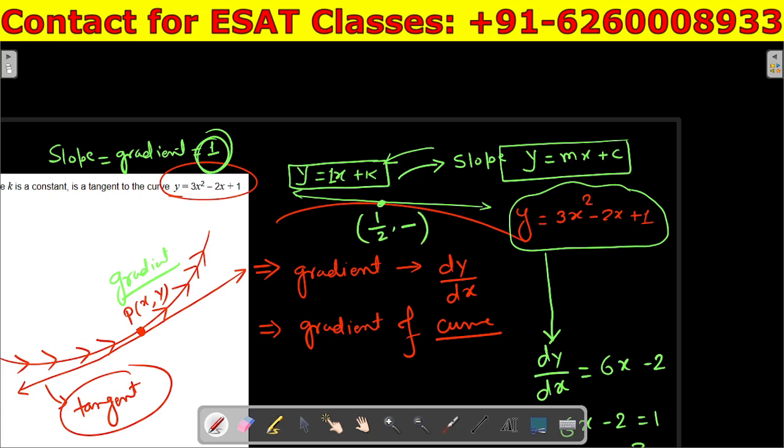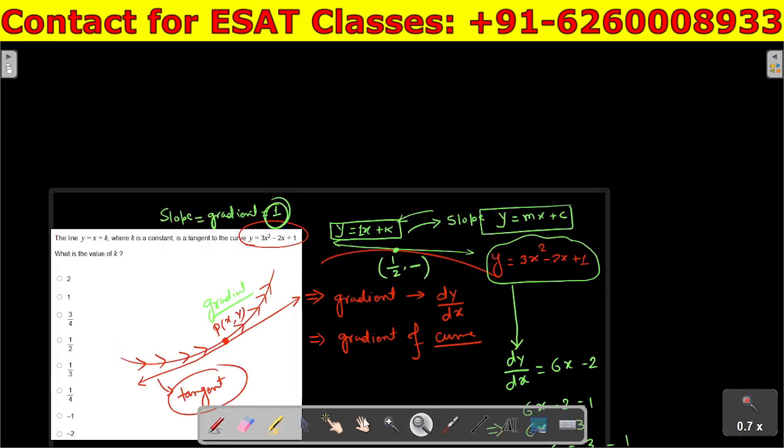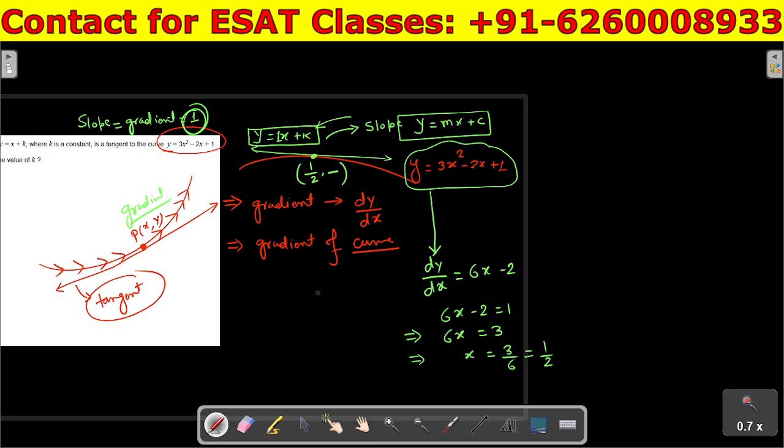But we don't know the other coordinate. To get it completely, we have to get both coordinates of that point. To get the y coordinate, we can substitute this x value in the curve, because this point lies on the curve as well as the straight line. In the straight line we don't know the value of k, that's my problem, so I will put this x value in my curve equation.